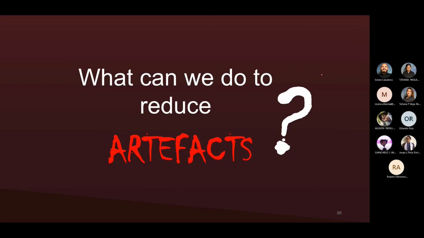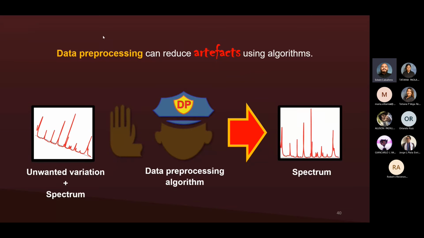So what can we do to reduce these artifacts? The three that we saw already: baseline, scattering, and noise. What can we do to reduce these artifacts? What we can do is use something known as data preprocessing.